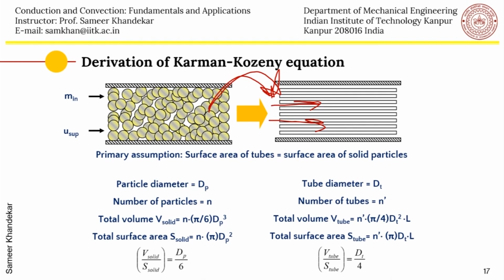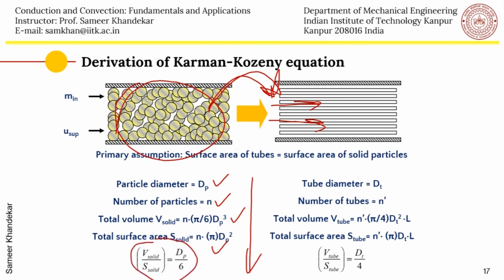You are analyzing this by assuming that the surface area of the tubes is equal to the surface area of the solid particles. So, equating these two, we will get the equivalent tubes.